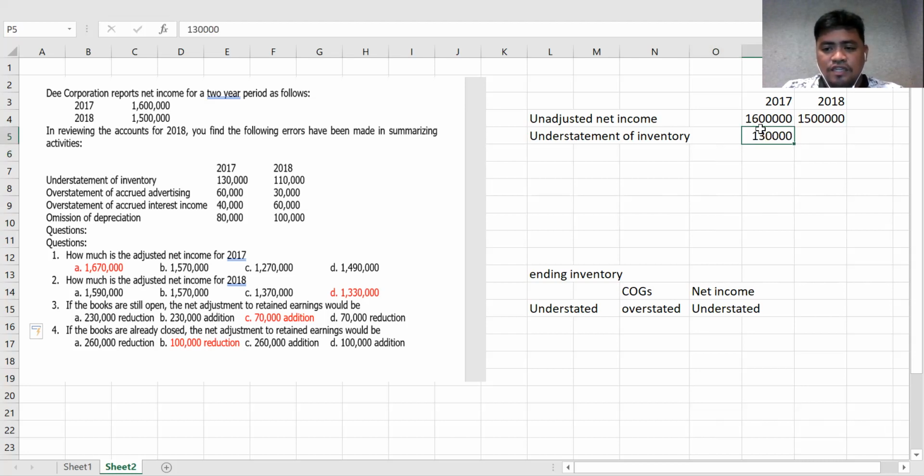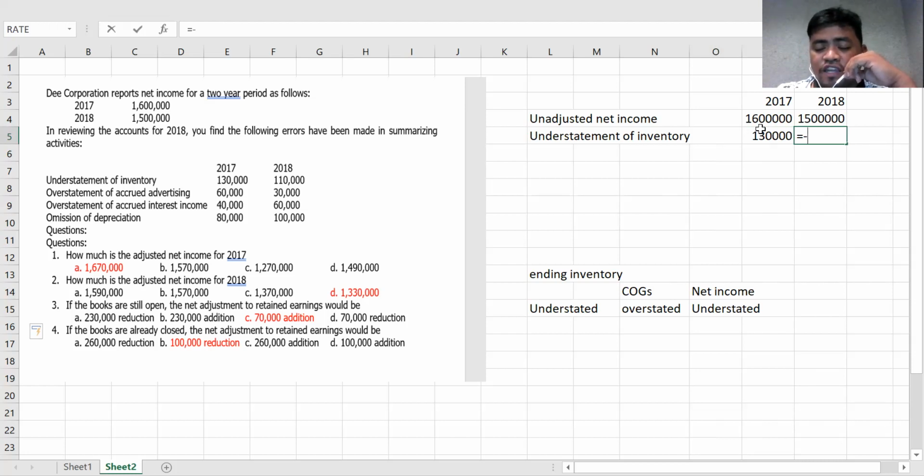For 2017 and for 2018, it is counterbalancing. So when counterbalancing, understated results to addition for the year of error. Since if ending inventory is understated, by next period your beginning inventory is also understated.